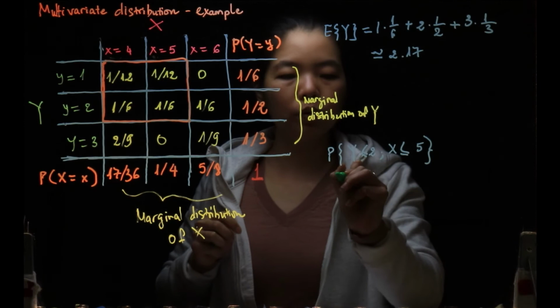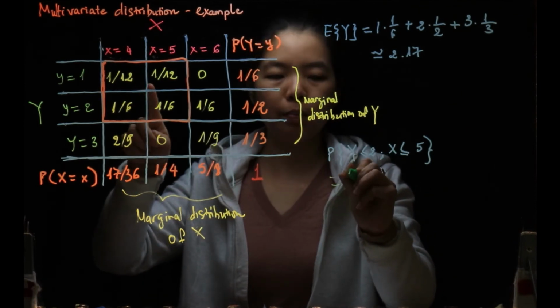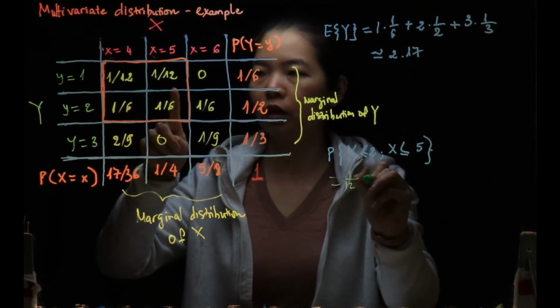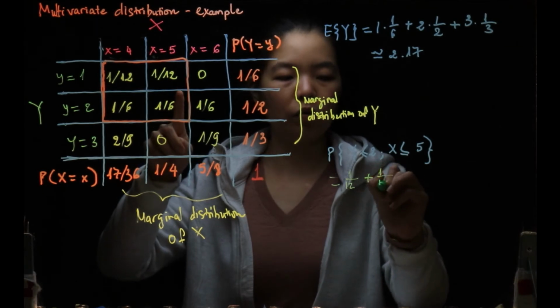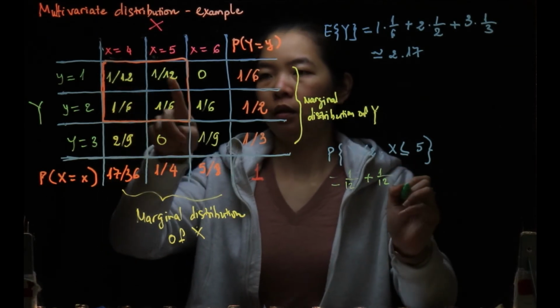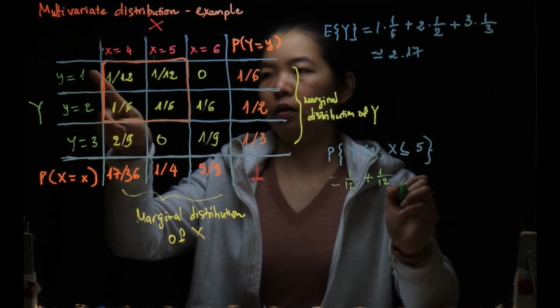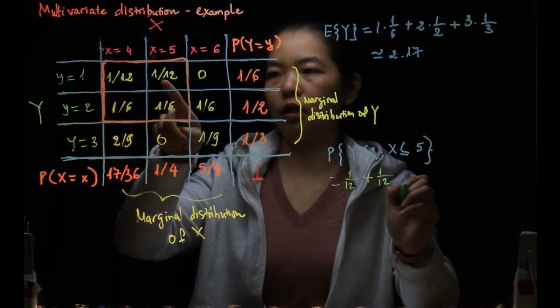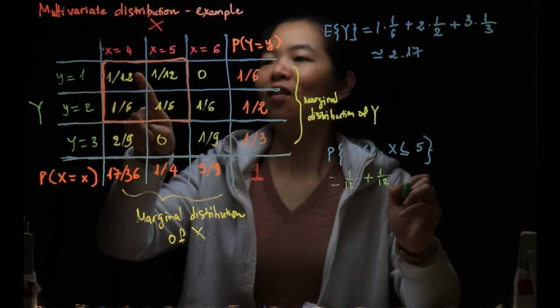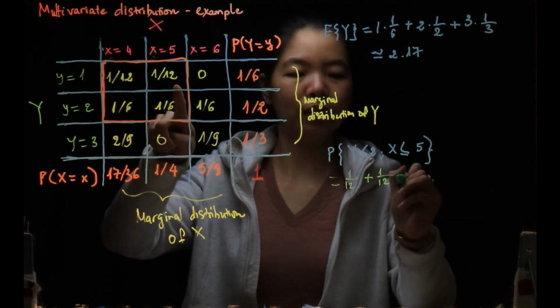So that would be, now we sum up 1 over 12 plus another 1 over 12, that is now fix y 1, let x run from 4 to 5, right?